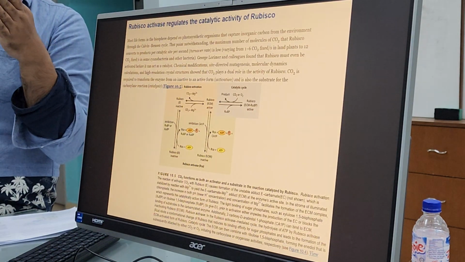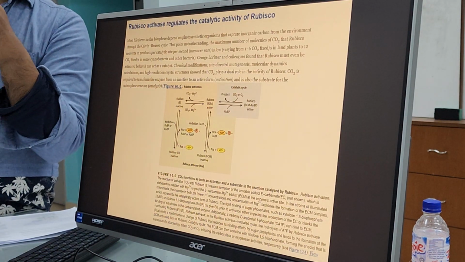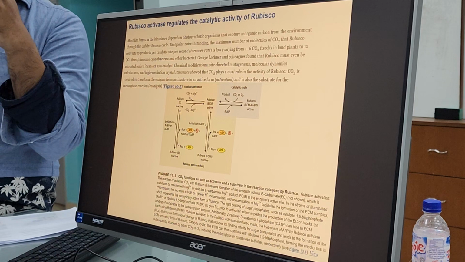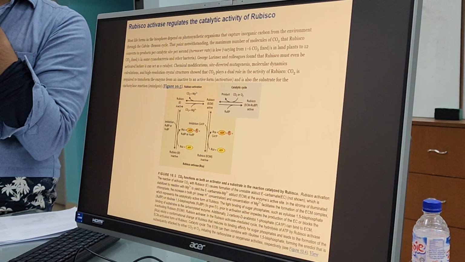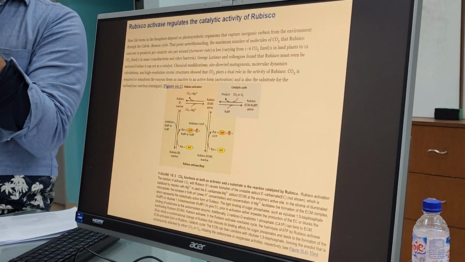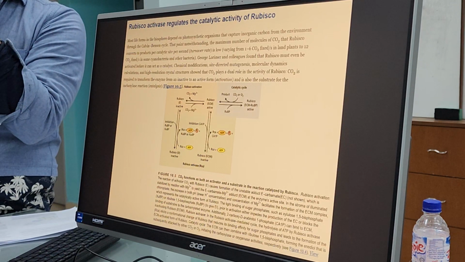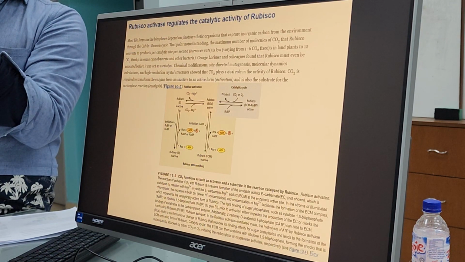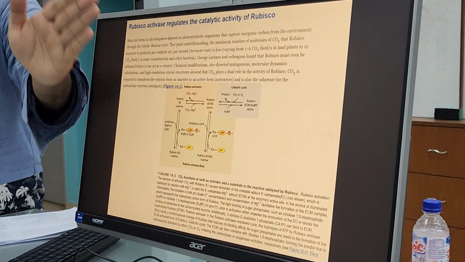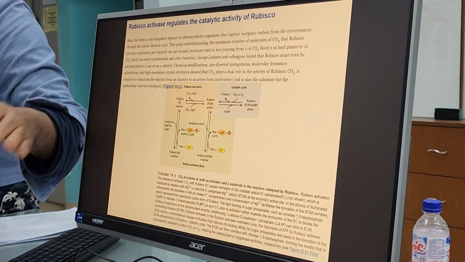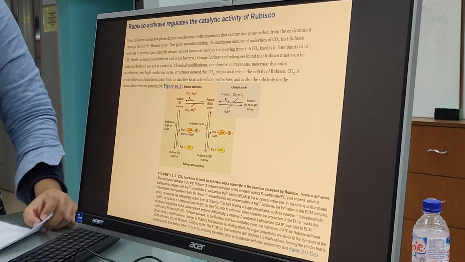The number will be more. When the number of oxygen is more, less and less of CO2 has the probability to land on the binding site. How can this be prevented? By increasing the pH, by lowering the temperature. So when this happens, Rubisco will be open to be activated and then receive both the sugar and also the CO2. Right?